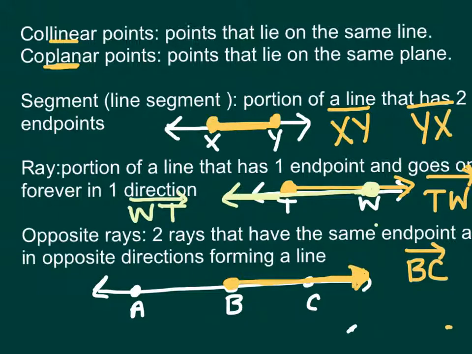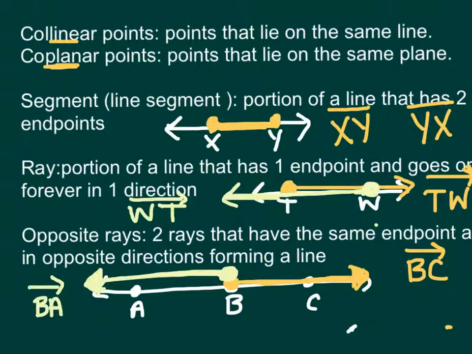Now we could also have another one starting at B, but goes through point A. This ray right here. What's the name of this one? Okay, our starting point is B. It goes through A. So this right here. Notice together they form a line. So those are opposite rays.